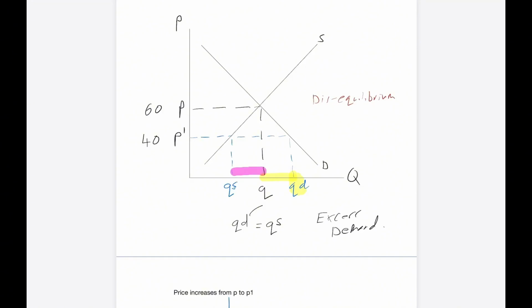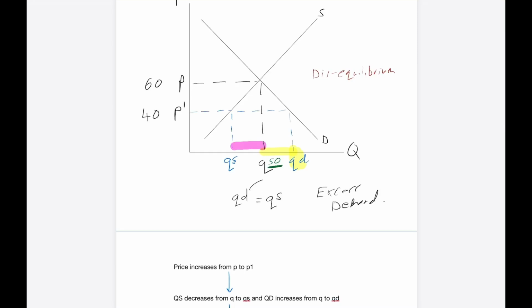Let's say at the price of 60, the quantity of the product demanded and supplied is 50, because the market is at equilibrium at P, Q. But following the fall in price from 60 to 40, the quantity supplied, let's say, is now 25, and the quantity demanded is now 75.